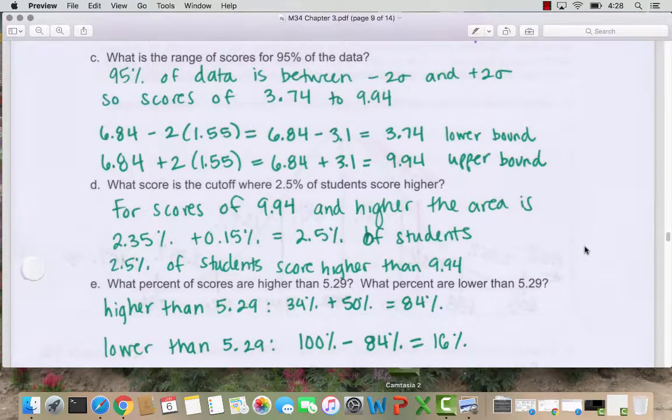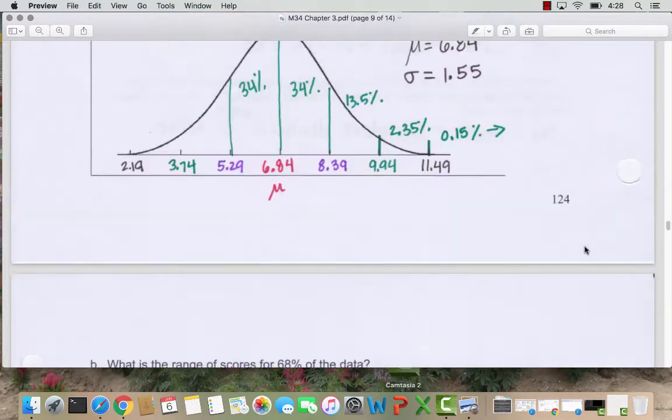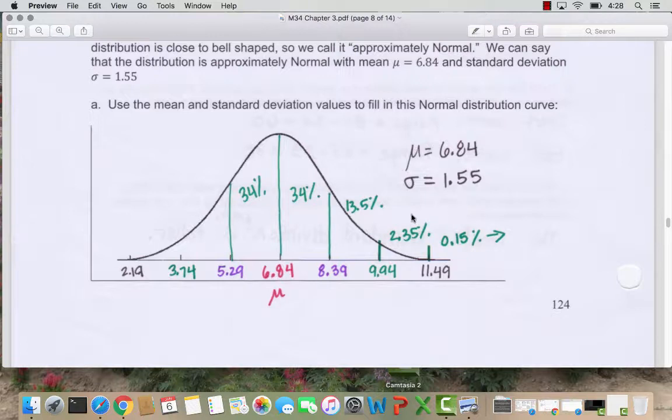Question D wants to know what score is the cutoff where 2.5% of students score higher. So I put our percentages on here. After a score of 9.94, we've got in this range 2.35% of students, and then there's 0.15% of students that score higher than 3 standard deviations.